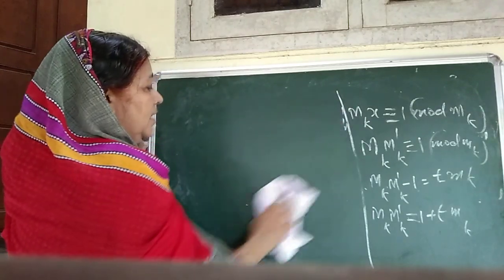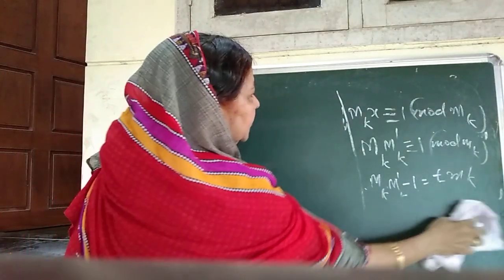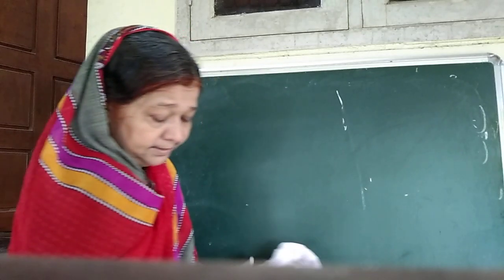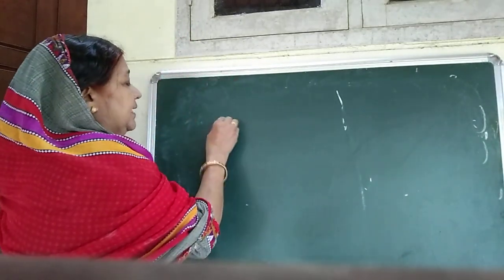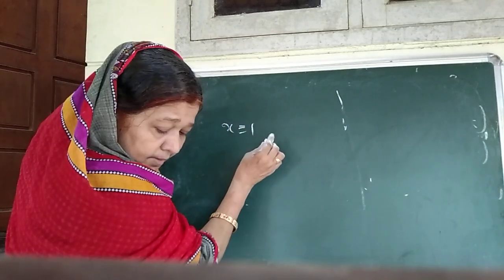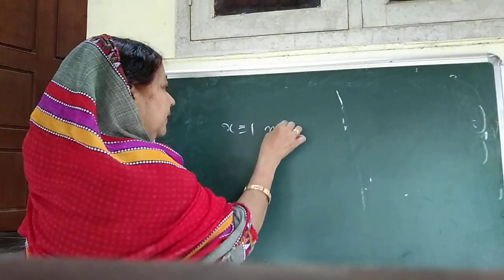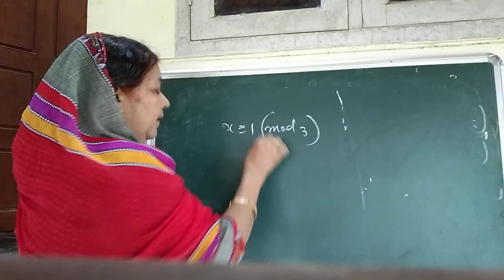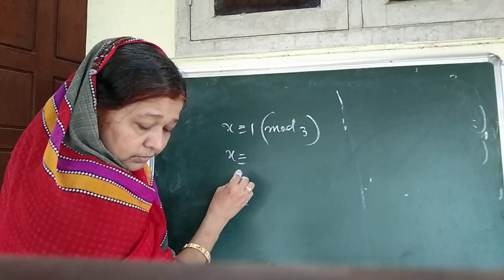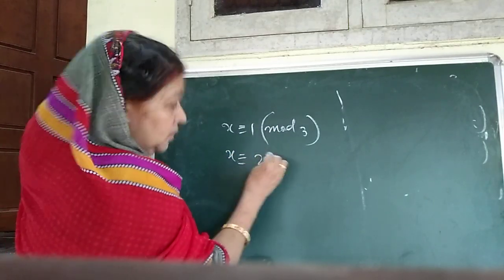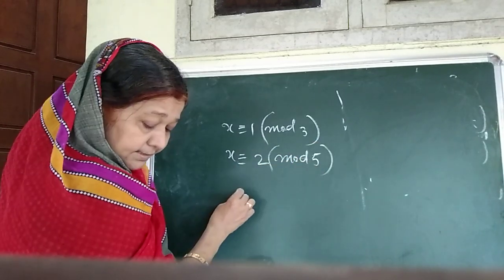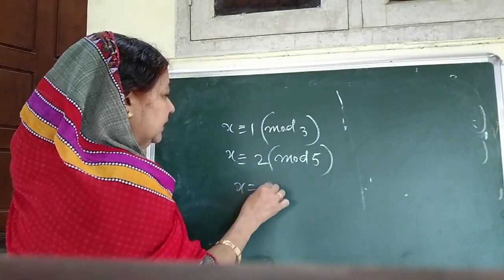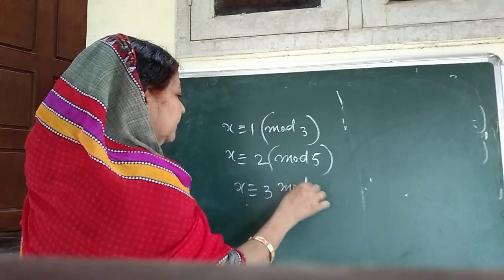Then let us see how to solve a system of equations using the Chinese remainder theorem. Let us take one example. Say x is congruent to 1 mod 3, and x is congruent to 2 mod 5, and x is congruent to 3 mod 7.